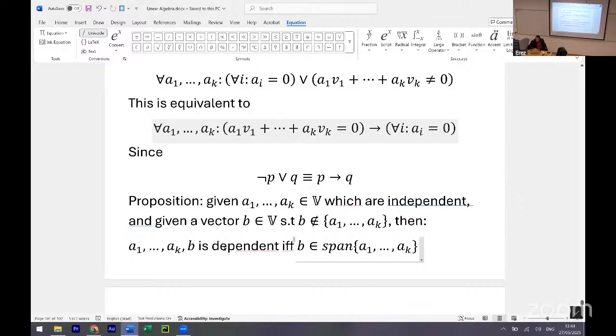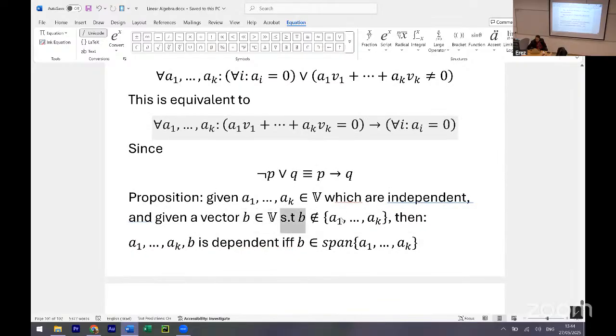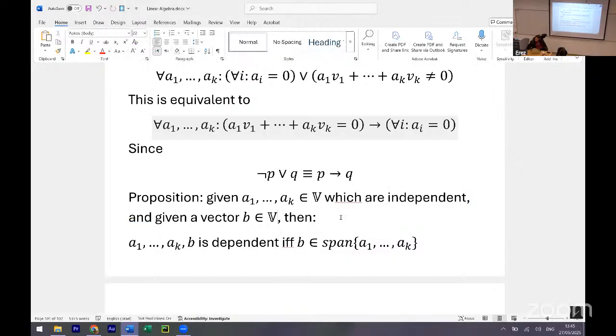Proof. I'm not even sure I need this. Let me think about it for a second. If this is dependent, then B is in the span, obviously. If B is in the span, yeah, I don't need that. But the reason I phrase it this way is that I change my mind every now and again between phrasing linear dependence in sets or sequences. What is the major difference here?